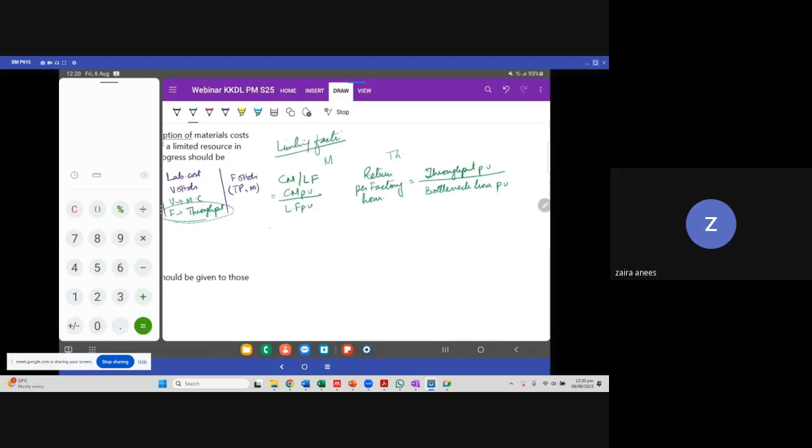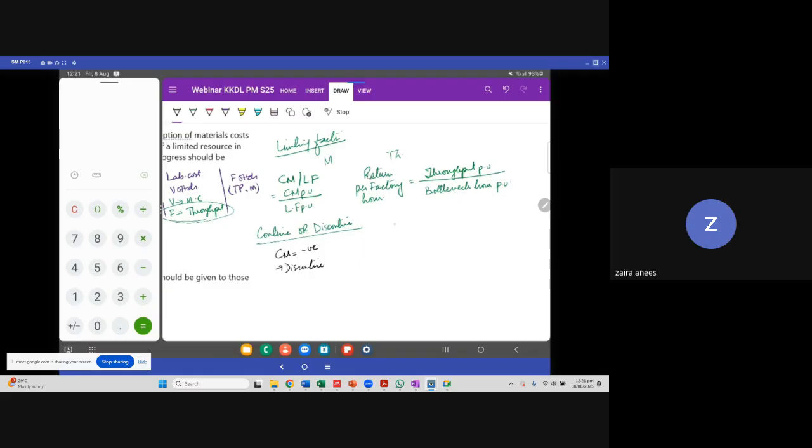Then if someone asks whether to continue or discontinue the manufacturing of any product, and asks you to take the decision: in marginal costing, we say if contribution is negative, we should discontinue.